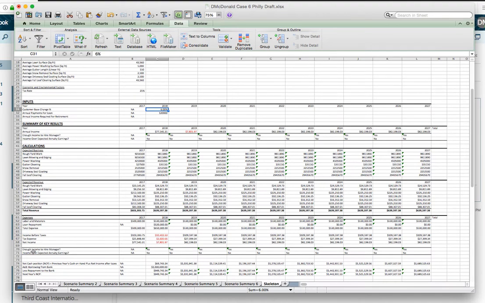I did create another sample here of formulas that would help me try to see what was going on here. So I put in one of these, looking at the borrowing section of the book, net cash positions, which as you see equals the previous year's cash on hand plus the net income after taxes from the year before.